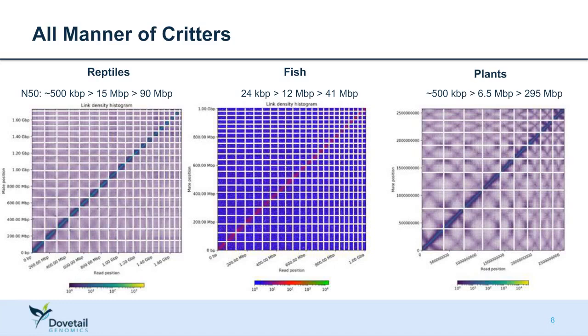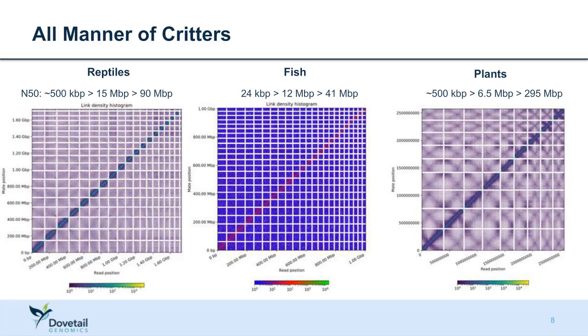This is not just birds. We were very blessed that we were also able to work on different genome assemblies. In this case, a reptile, it is a lizard, and the fish in the middle, and also the plant, which is a lettuce.